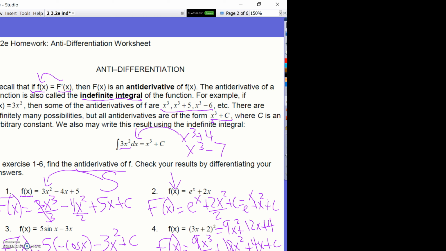And then I'm going to multiply by 3/5 because this flips and then multiplies. X to the 5/3 minus 3x squared over 2 plus 1x plus c. Last simplification is 9 over 25 x to 5 thirds minus 3x squared over 2 plus 1x plus c.